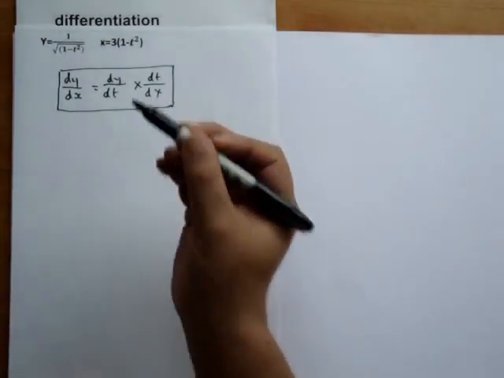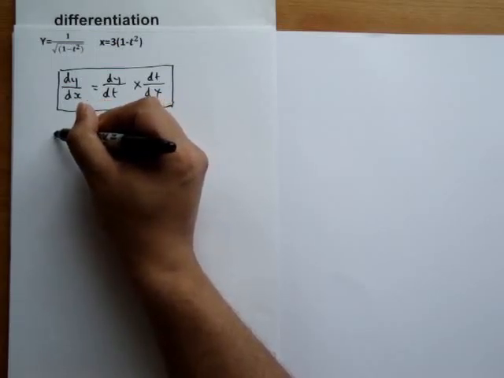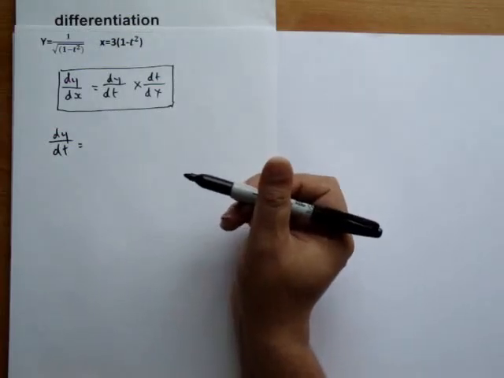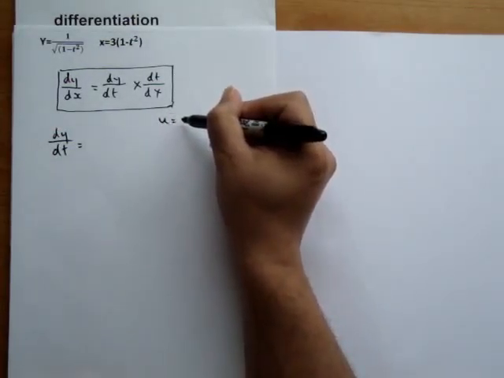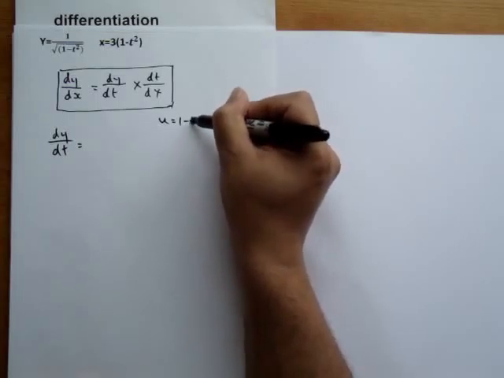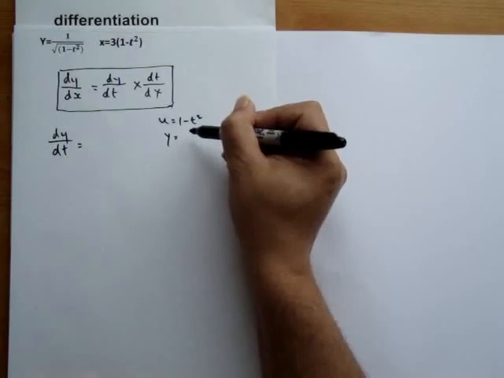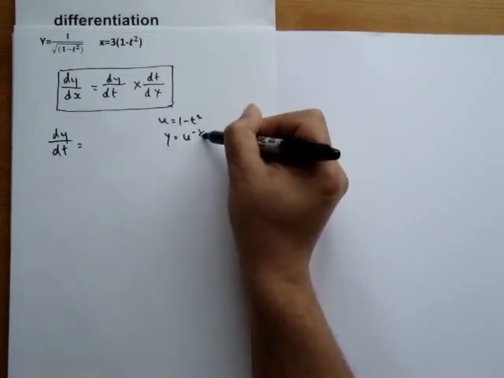Now let's first of all do the dy by dt. In this case, u equals 1 minus t squared, and y equals u to the minus half.